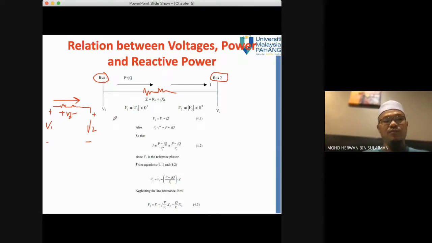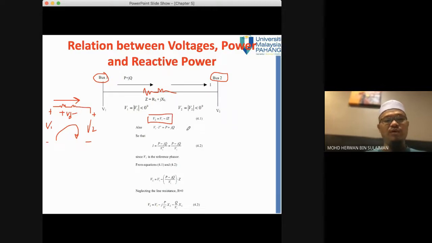So you can see that we can derive V2 by making a loop: V1 minus VD minus V2 equals 0. Making V2 the subject, you get V1 minus VD, where your VD is I times Z. So that's why you get V1 minus IZ.